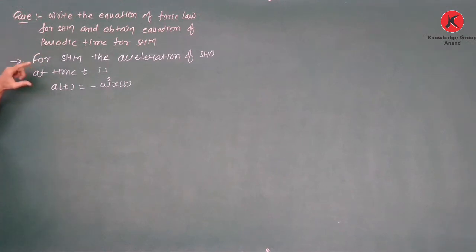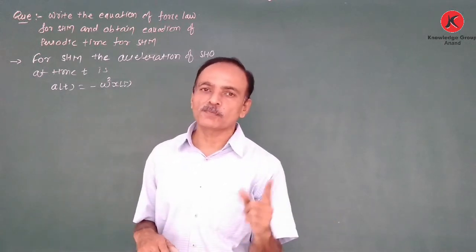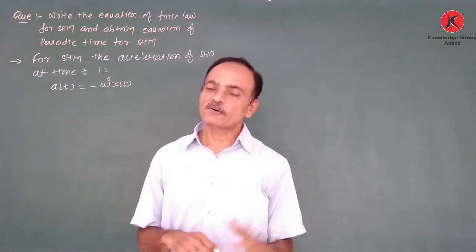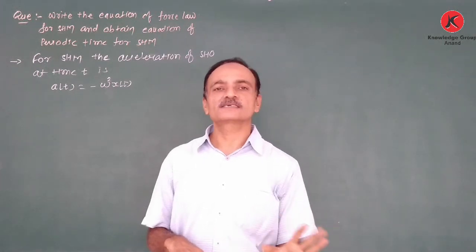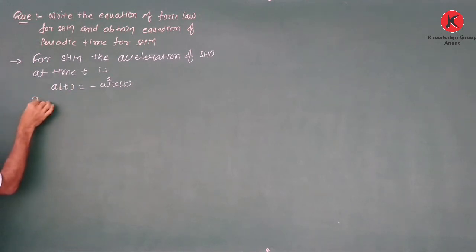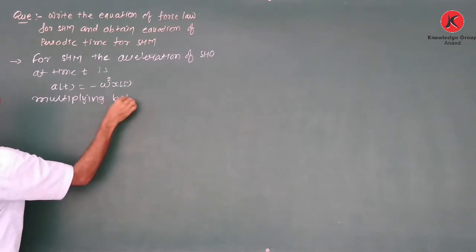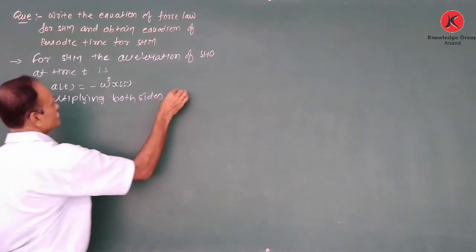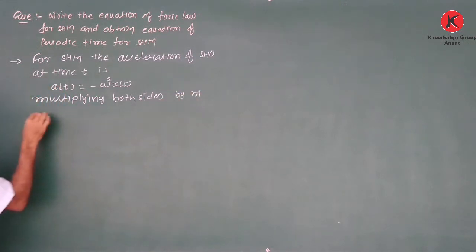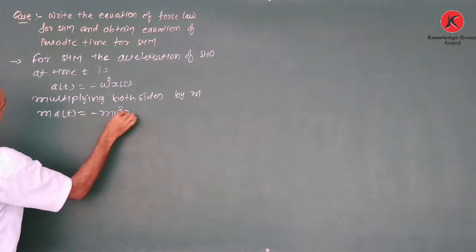Now, the force acting on the particle performing the simple harmonic oscillation is directly proportional to the displacement and toward the direction of the mean position. Therefore, we are interested to obtain the equation of first the restoring force, and due to that result, multiplying both sides by m. Therefore, m a(t) is equal to minus m ω² x(t).